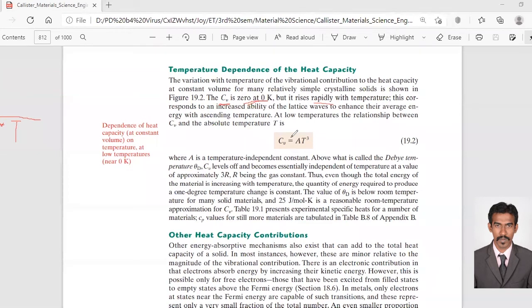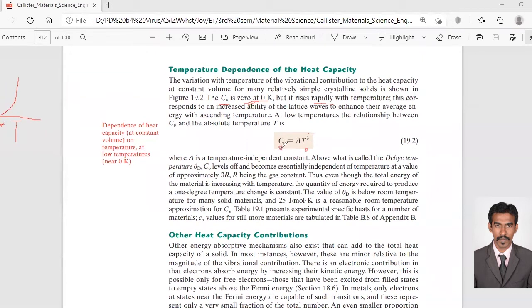So this is the equation. At low temperature, the relationship between Cv and the absolute temperature T is AT cubed. What will happen is this will rise like this, fast. Why? That is AT cubed. So at 0 temperature, Cv is also 0. Why? If you put T as 0, Cv is also 0.